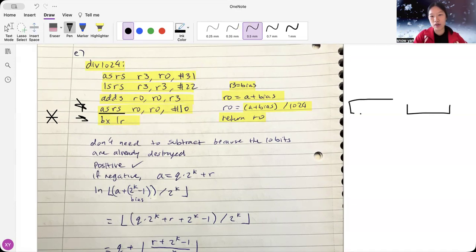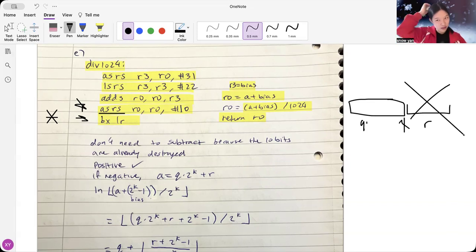Let's say our number looks something like this: this was our quotient, and this was our remainder. If we shift right, we have just moved this chunk over to this spot. This would be the end of the number, and everything here would be gone. If it's gone, then we don't need to subtract it anymore, so that makes sense.